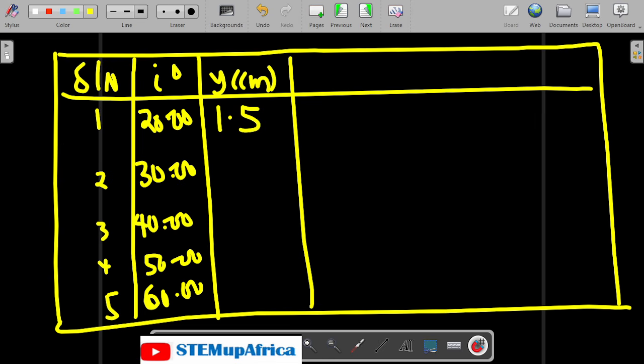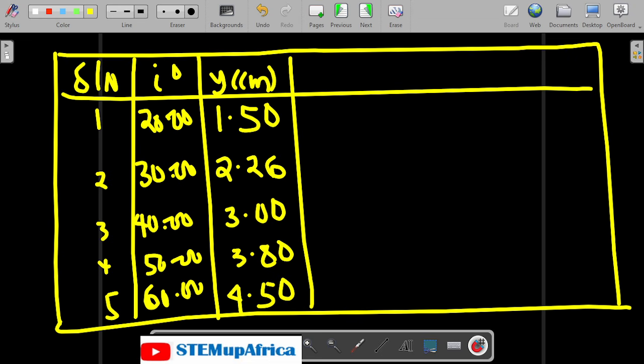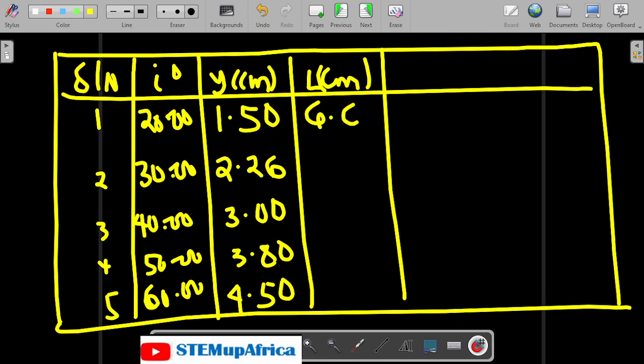You have 1.50, 2.26, 3.00, 3.80, and 4.50. Then we have our L in cm, which is the value of NQ. The first value there is 6.60, followed by 6.80, 7.10, 7.40, and 7.80.